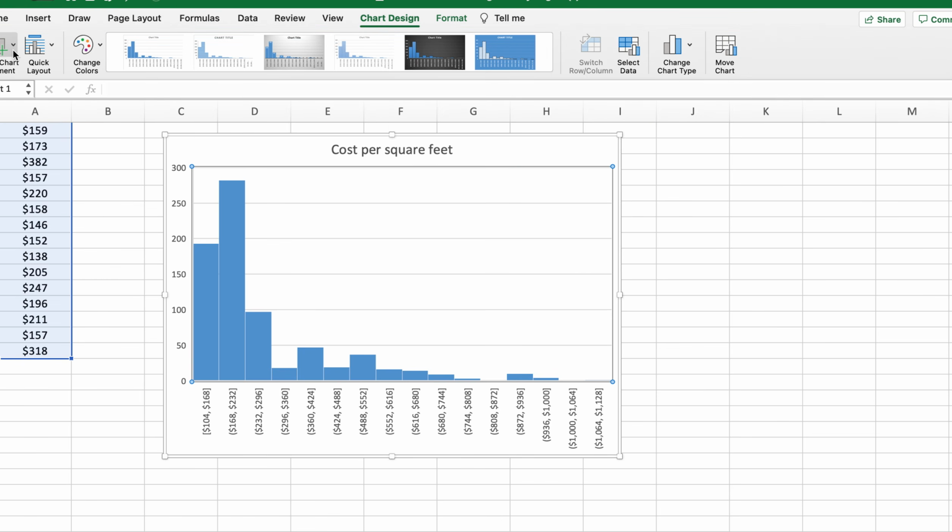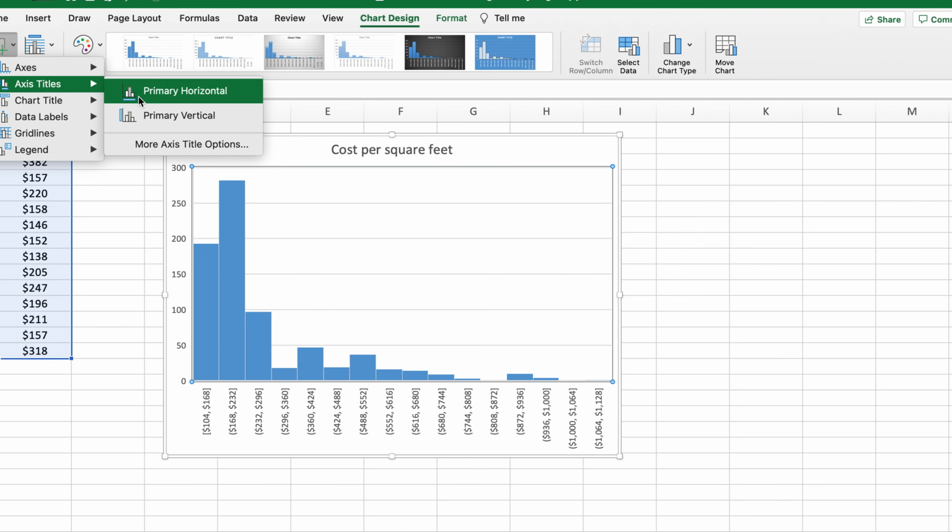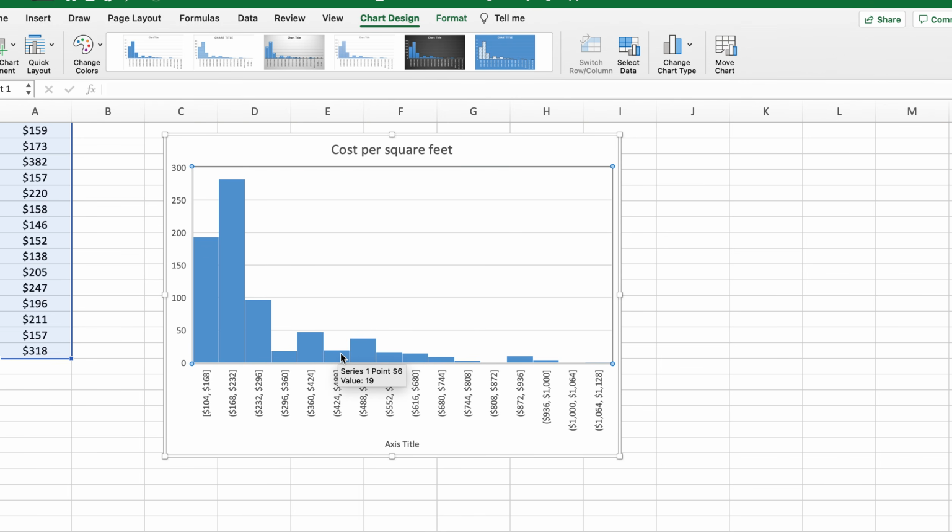We're going to use this add chart element over here. And we want some titles. We want our axis titles. Add chart element, horizontal. So this is cost per square feet.